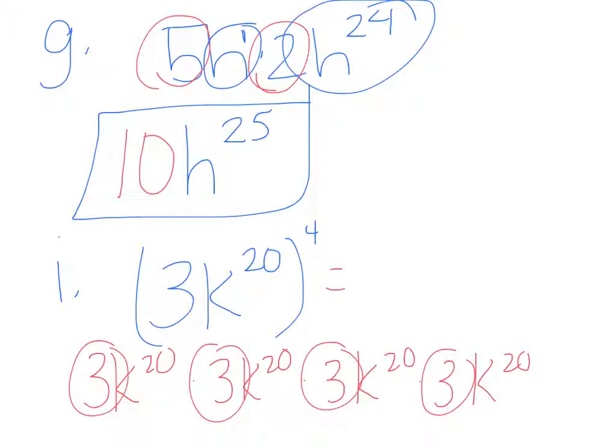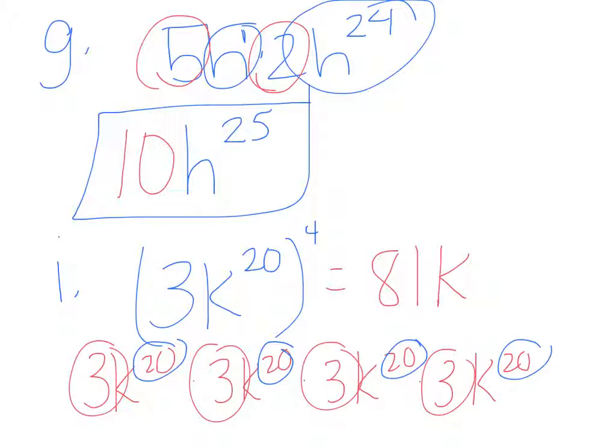A common mistake is to say 3 to the 4th power is 12, but it's actually 81, because 3 times 3 is 9, 9 times 3 is 27, 27 times 3 is 81. And then the k's, we can add 20 plus 20 plus 20 plus 20 to get 80 k's. So we're using those exponent rules.